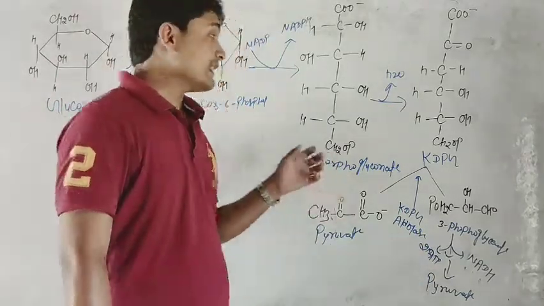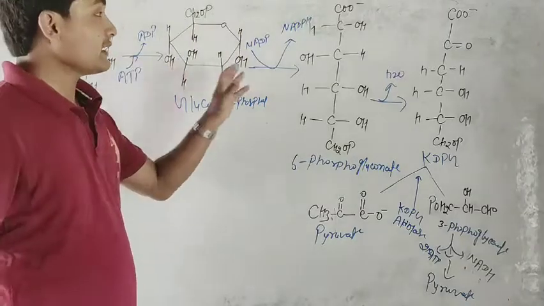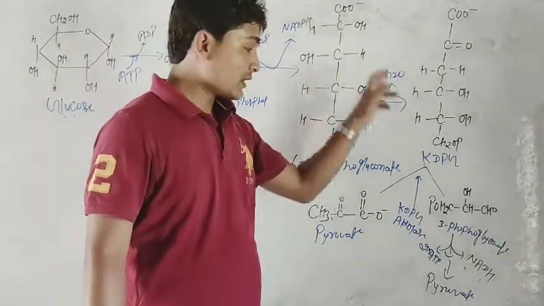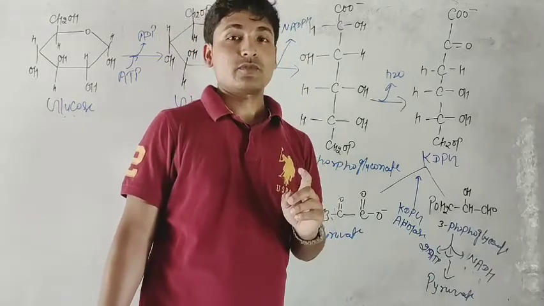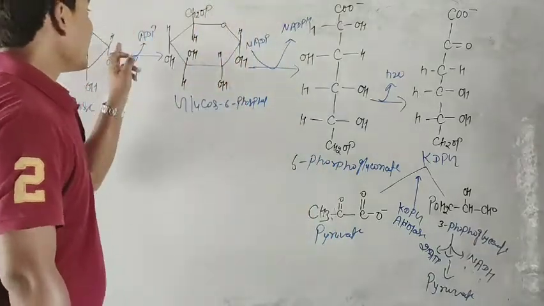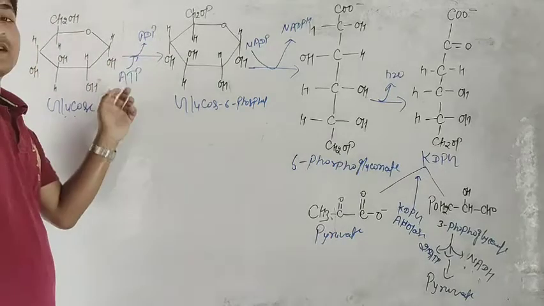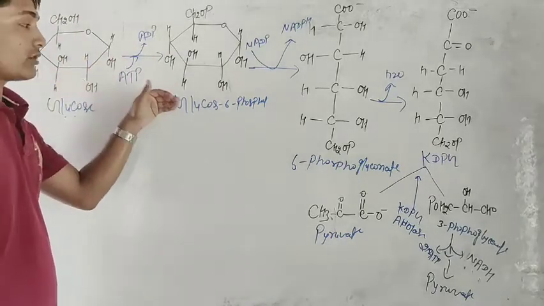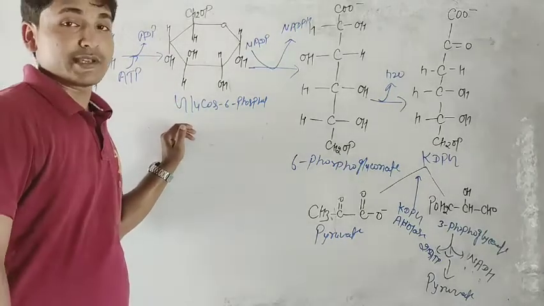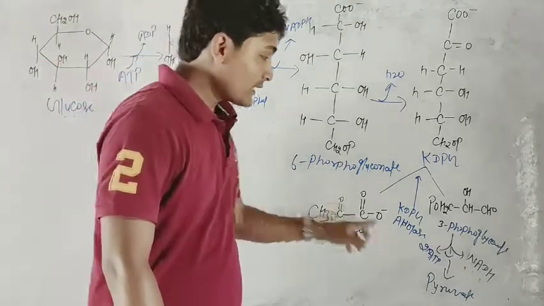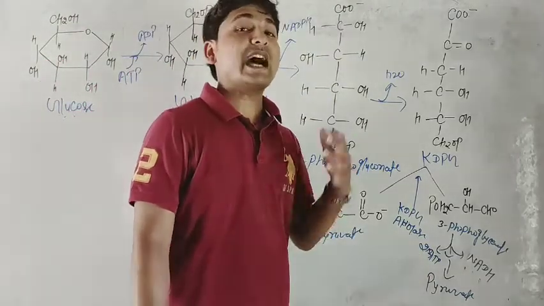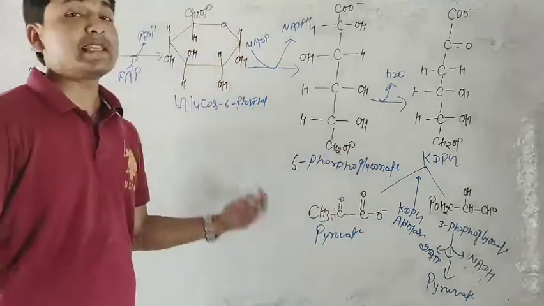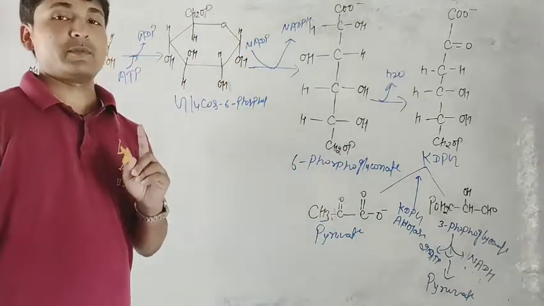So finally, 1 mole of glucose is converted into 2 moles of pyruvate with the synthesis of 1 NADPH, 1 NADH and 1 ATP molecule. You can see that 1 ATP is utilized to convert the glucose molecule into glucose 6-phosphate, and 2 ATP are generated, so the net ATP in this reaction is 1 ATP.